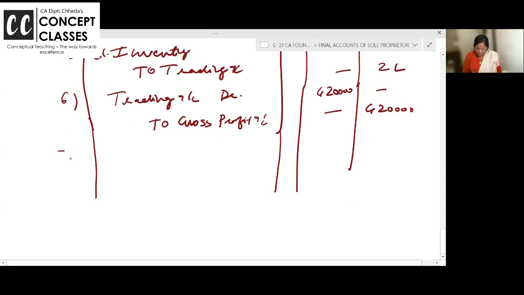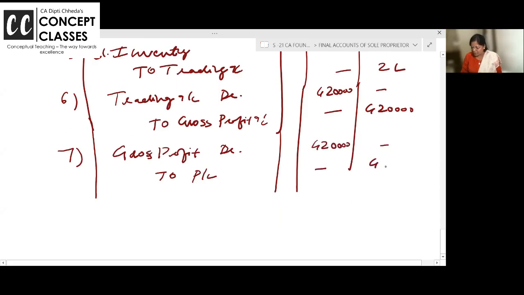And you all know that gross profit debit to P&L credit. 420, 420. Trading account debit to gross profit. Now, gross profit debit to P&L. We all know that gross profit is transferred to P&L account credit side.